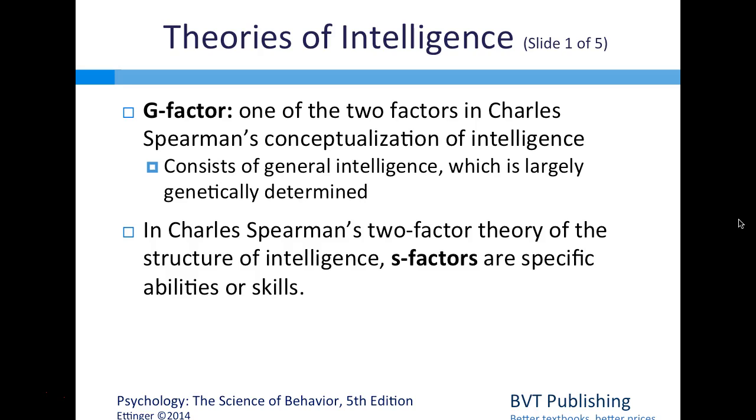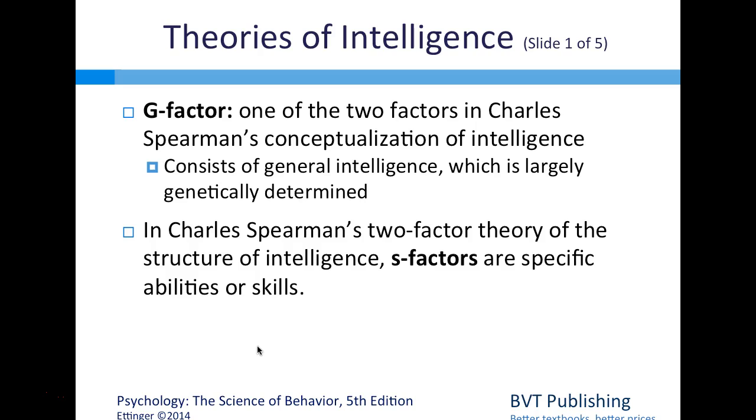So Spearman also noted that some subjects consistently scored high on all of the various tests, regardless of what they were supposed to be measuring, and that a roughly equal number could be counted on to score low. People who scored high or low on one kind of test also tended to score at a similar level on other tests, but their scores on various skill tests did tend to differ somewhat.